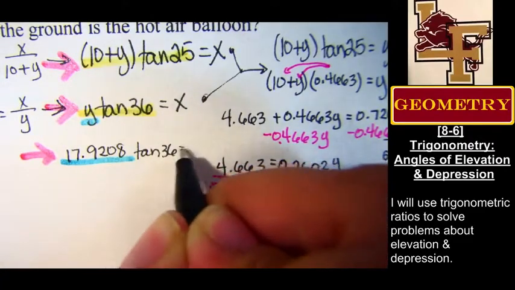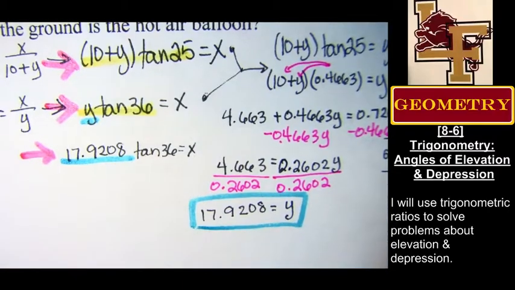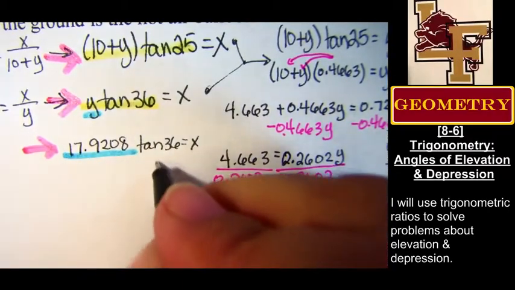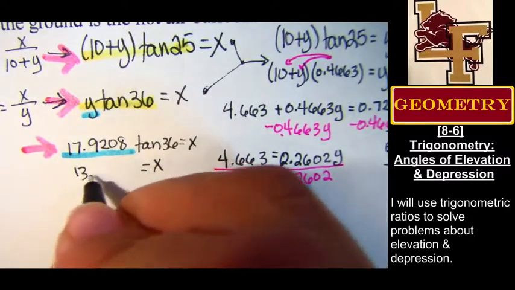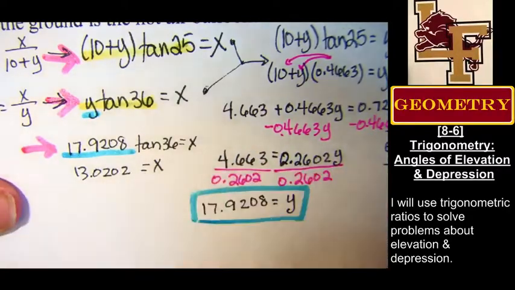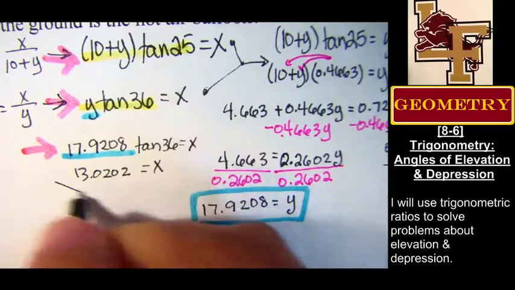Then I'm going to write the rest of my equation. And x is whatever I get when I take 17.9208 and multiply it by the tangent of 36. Whatever that is. 13.0202. Here's our value for x.